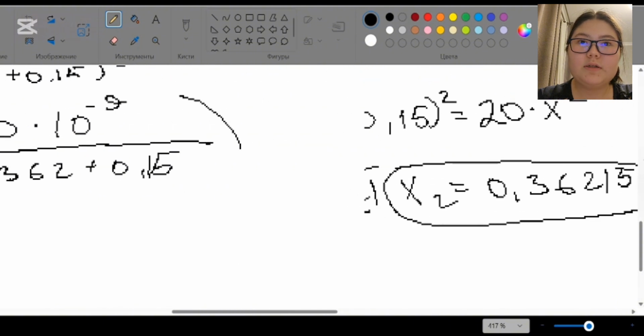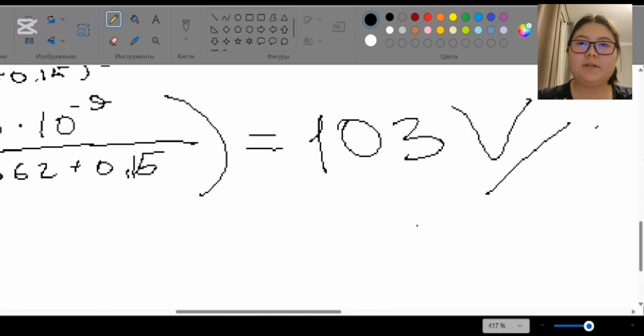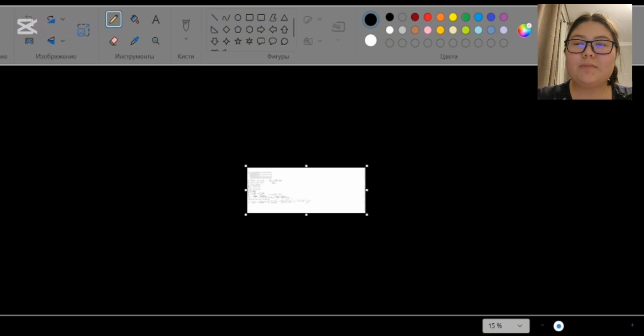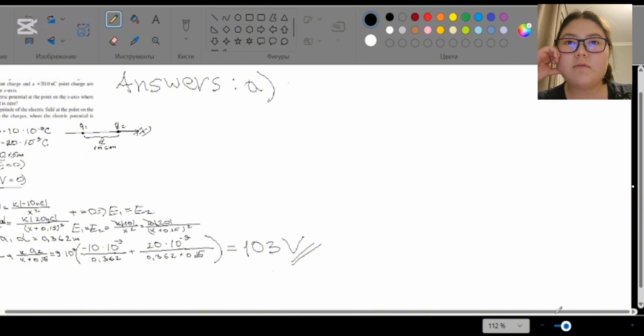It is equal to 0.3 volts. So here we have the first answer. Part A, we already found it. It is the electric potential where the electric field is equal to 0.